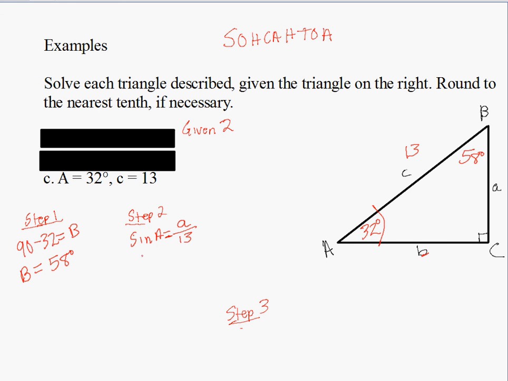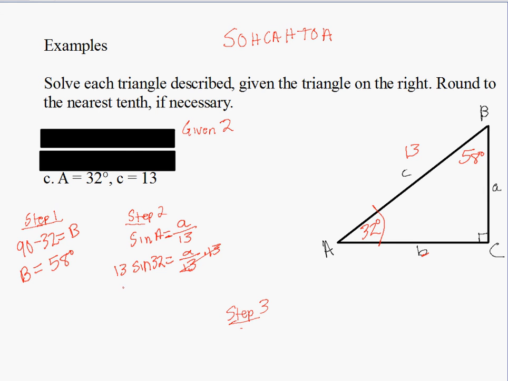You got to multiply both sides by 13. I'm sorry, that shouldn't be an A. You should have sine of 32 right here is equal to A over 13 times 13.